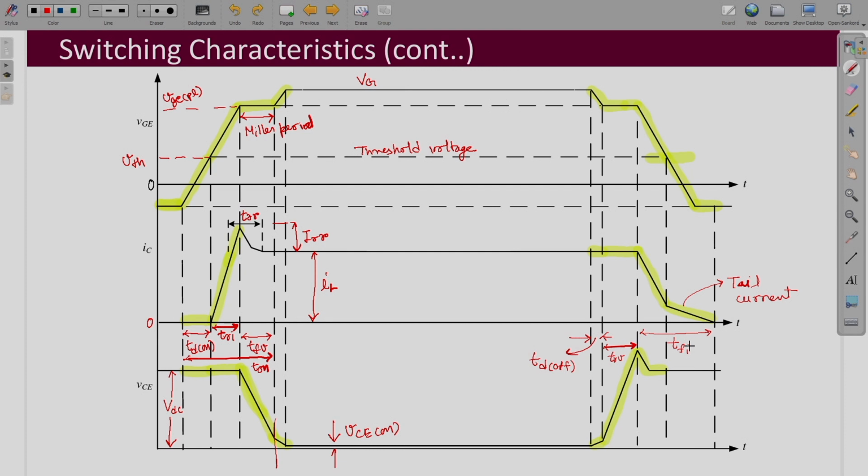The sum of these three, TD off, rise in voltage and fall in current, together form the turn off time of the IGBT.